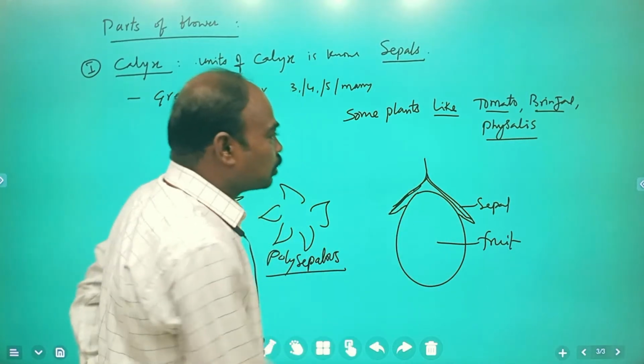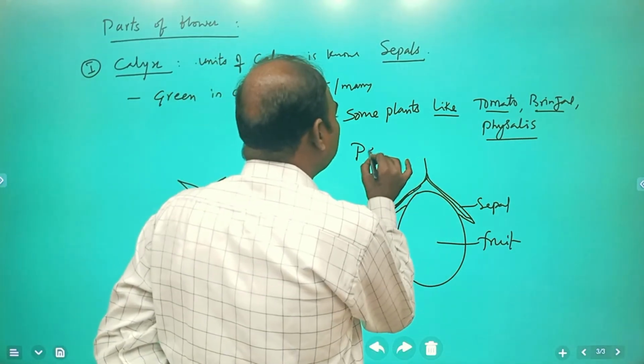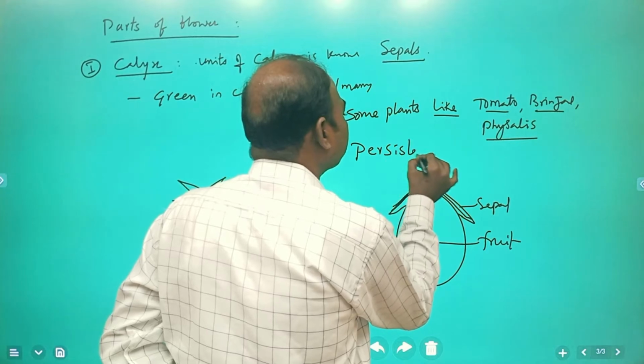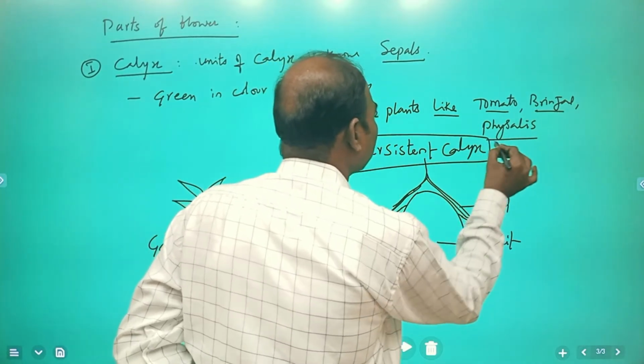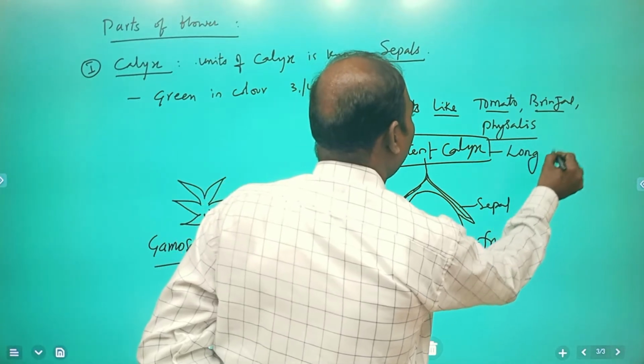Such sepals are called persistent calyx. Persistence means long live.